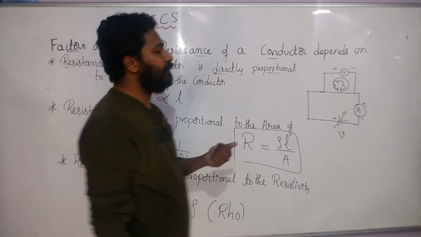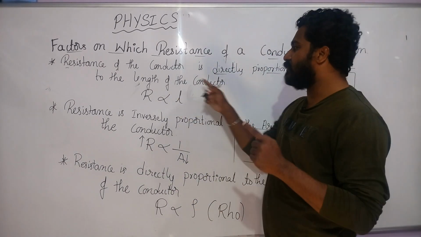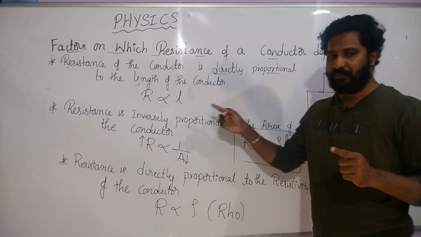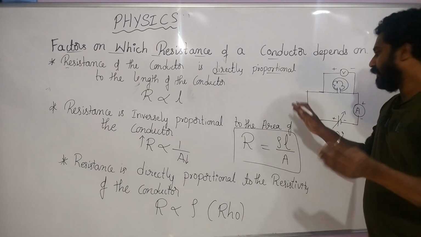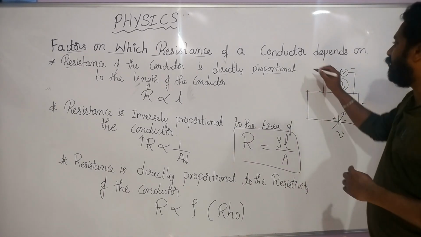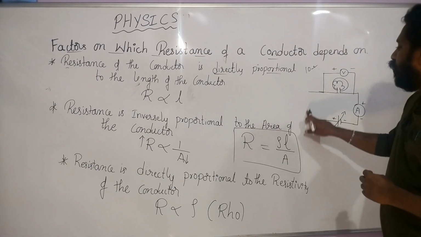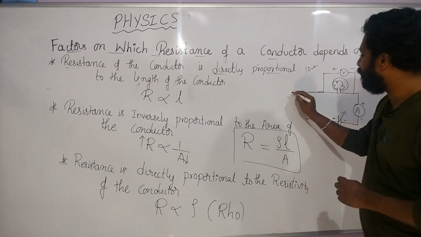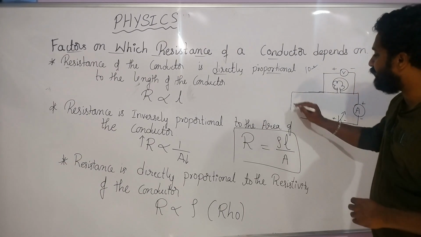Now I'll come to an explanation. I have told you that resistance is directly proportional to the length of the conductor. See here, I have drawn a circuit diagram like this. Now this circuit is offering say 10 ohm of resistance. Now I have increased the length.